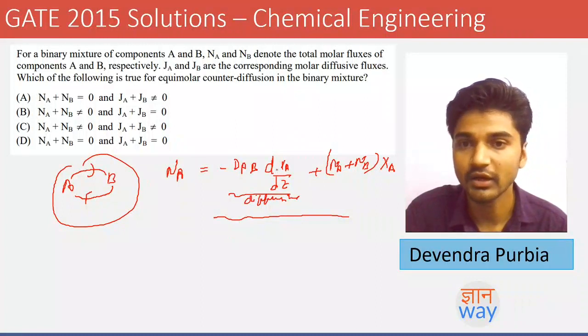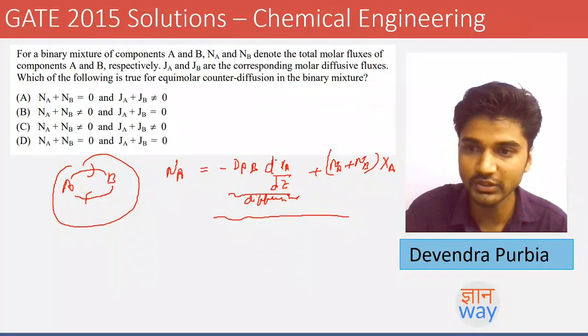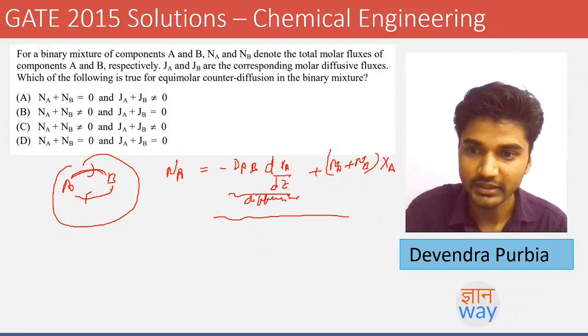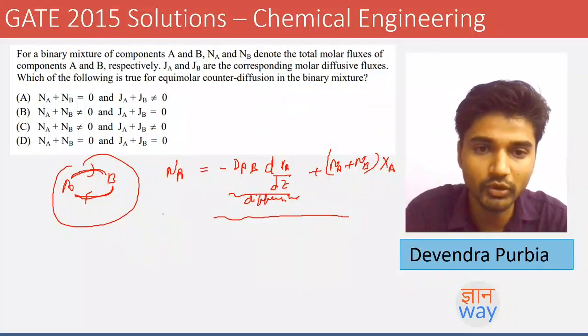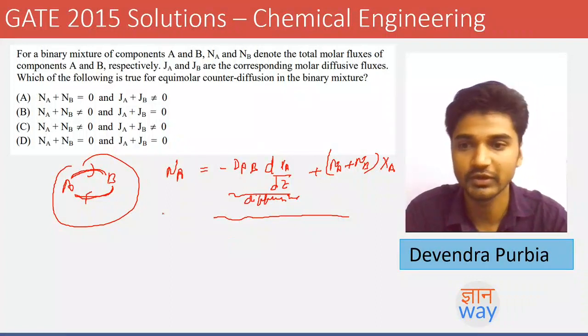So now in equimolar countercurrent diffusion, the molar fluxes of A and B are the same. The molar flux of diffusion of A to B is the same as the molar flux of diffusion of B to A, and that is true for the total molar flux as well as for the diffusive molar fluxes.